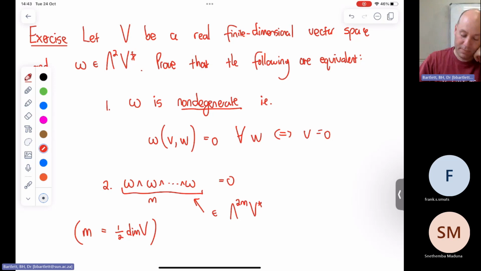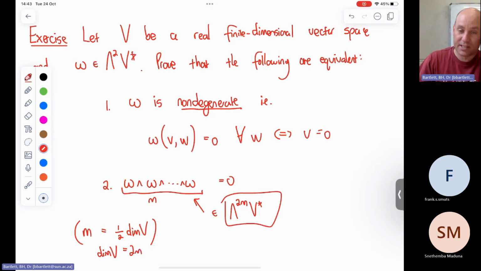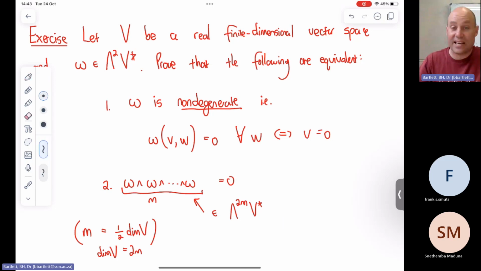And so that means that the dimension of V is 2m, right? So whenever I take the top exterior power, if the dimension of the vector space is n, and I take its nth exterior power, then you know that that new space is a one-dimensional vector space, right?